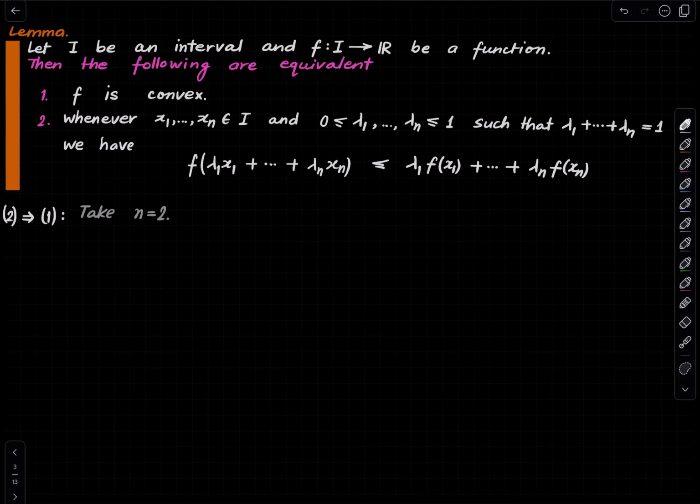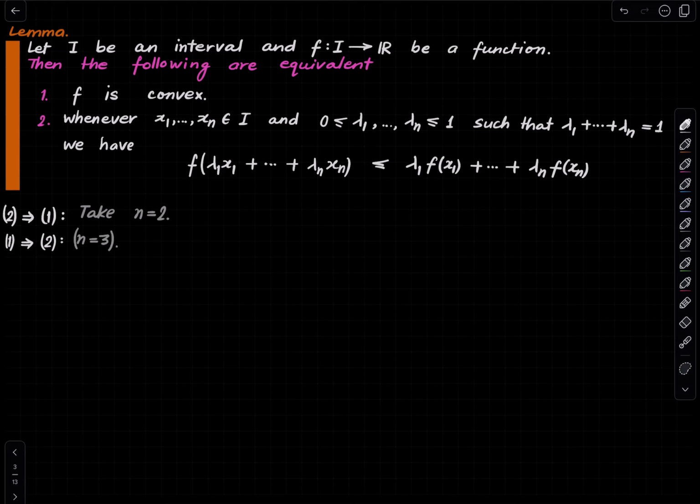So for the other direction, it's just a matter of simple induction. So let me prove it for n equals 3, and you can easily generalize. In fact, you can directly prove it by yourself with no difficulty. So we will give the proof only for n equals 3.